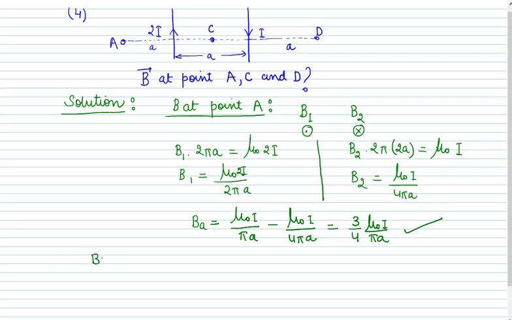So the magnetic field at point C. Again, simply use Ampere's circuital law. If you go to point C and see from the side of C, then for wire 1, the magnetic field is downward because the direction is now reversed in comparison to point A, and also for wire 2, the magnetic field is in the downward direction.